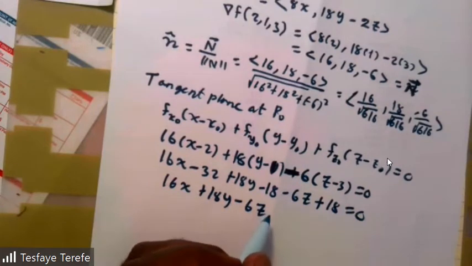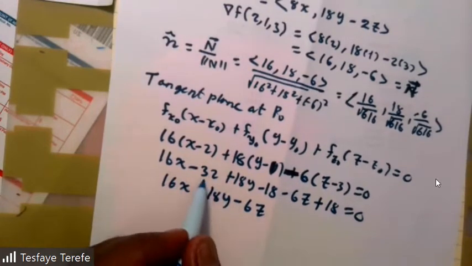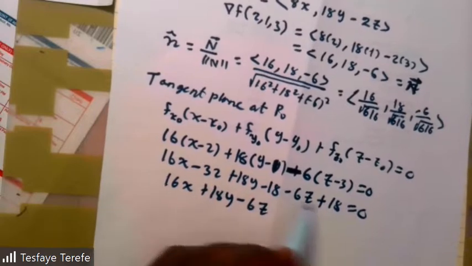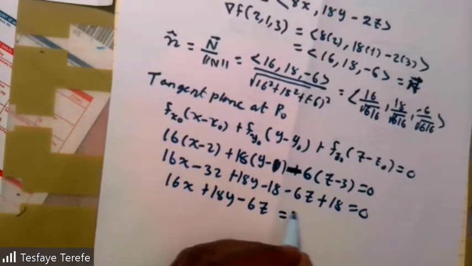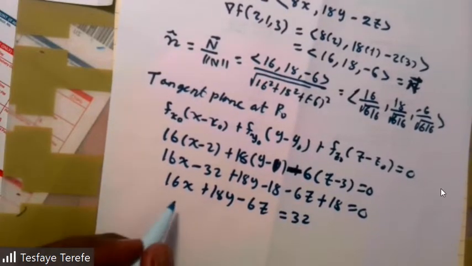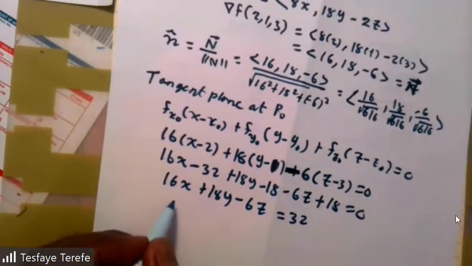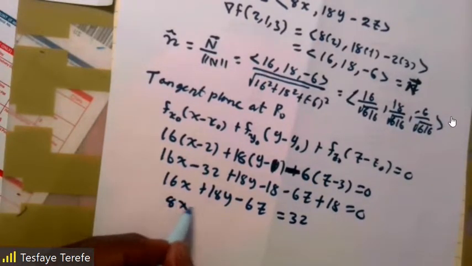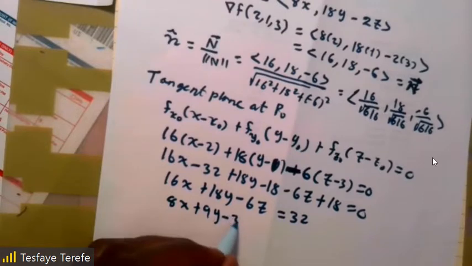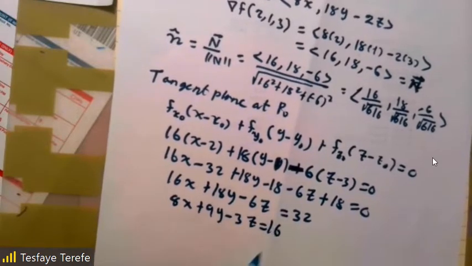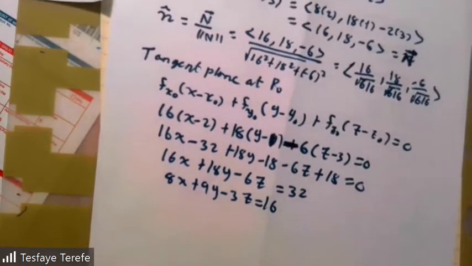When we add the negative 32 and negative 18, and negative 18 and plus 18 cancel, 32 goes to the other side. We can reduce it by 2. This is going to be 8x plus 9y minus 3z equals 16. And that's it.